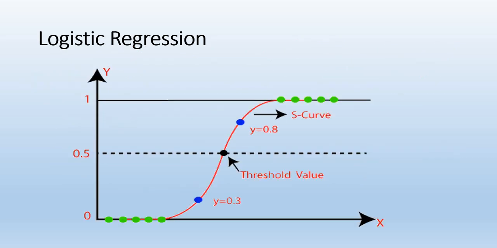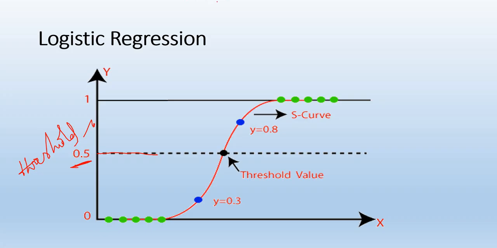If you look at this diagram, it is making a threshold line, which has the value 0.5, and this is called the threshold value.